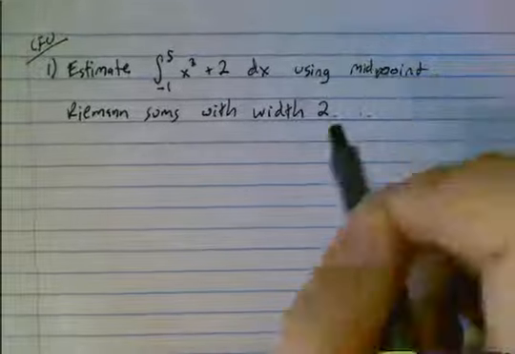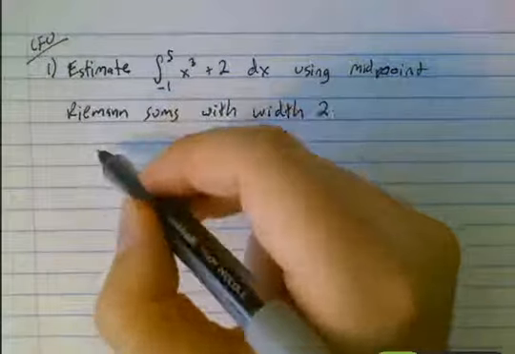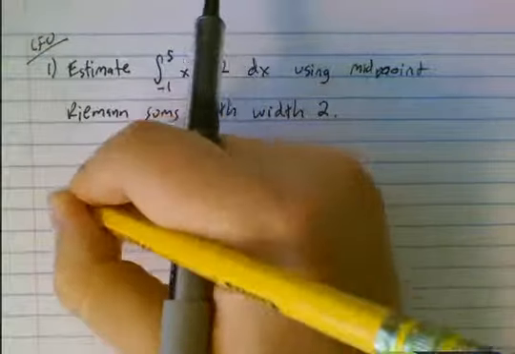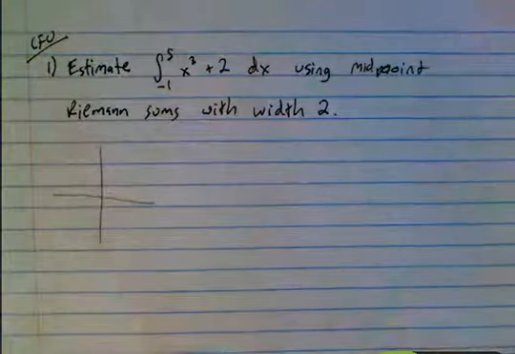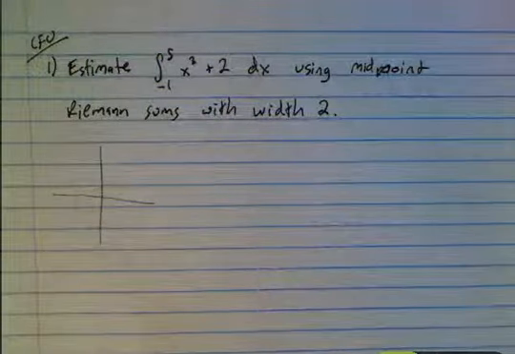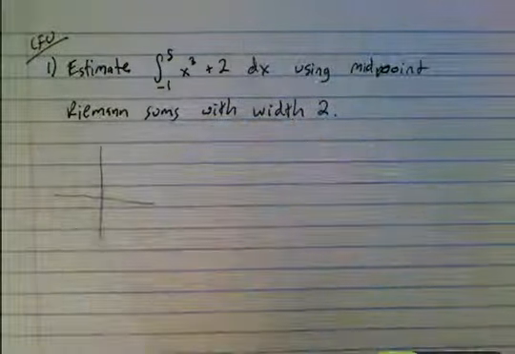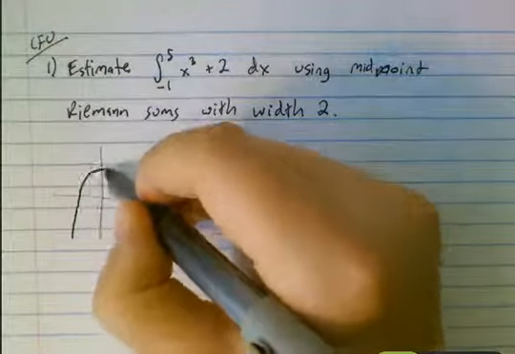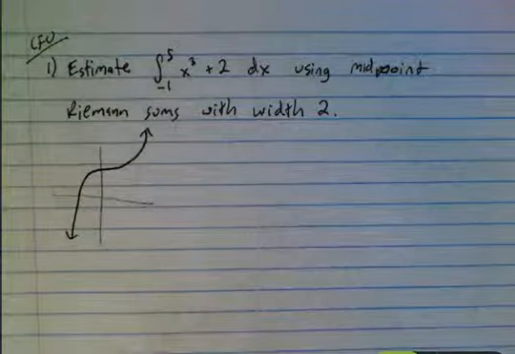So the first thing is it's helpful to have some sense of what this looks like. Here are axes. Here's the function. It looks something like that.